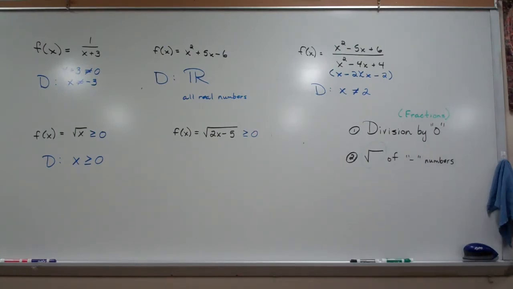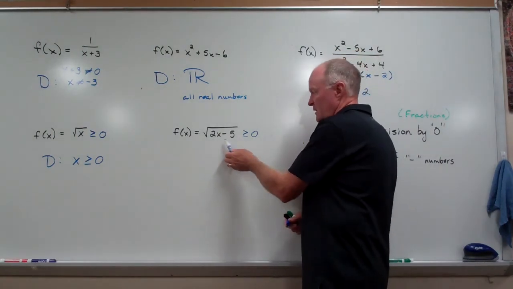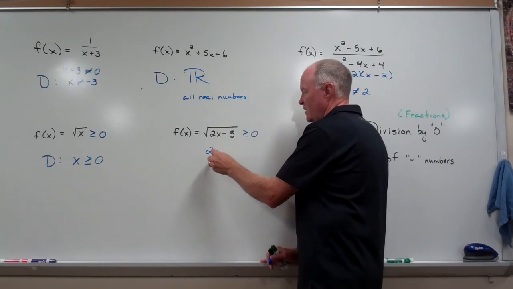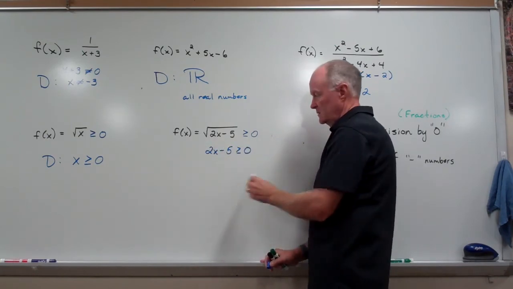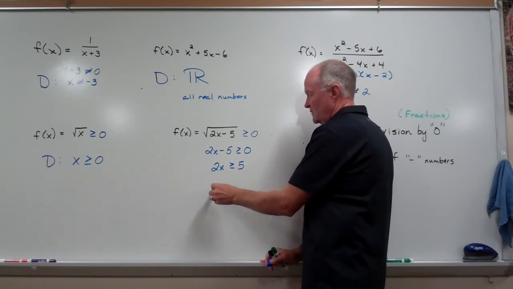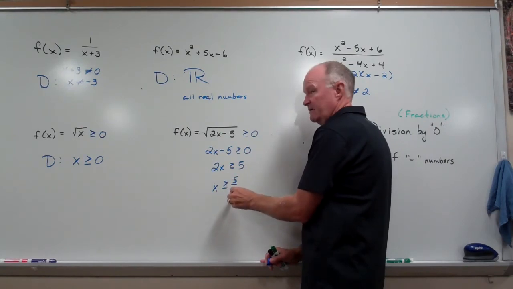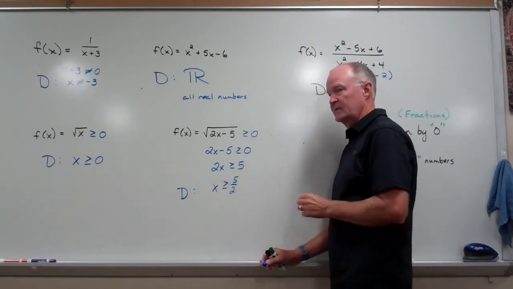Inside the square root has to be greater than or equal to 0. That doesn't mean x is always greater than or equal to 0. What you're going to have to do is solve an inequality. 2x greater than or equal to 5. So x is greater than or equal to 5 halves. So there's your domain.